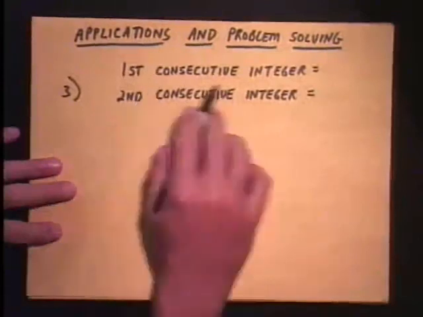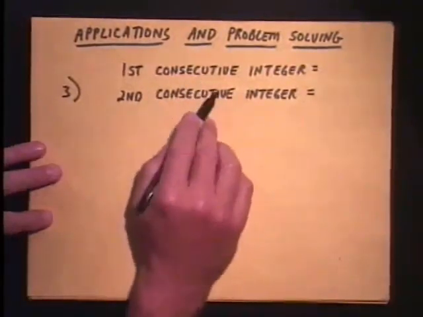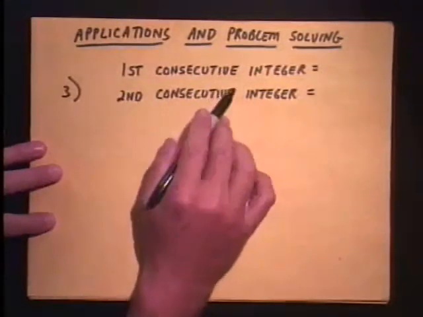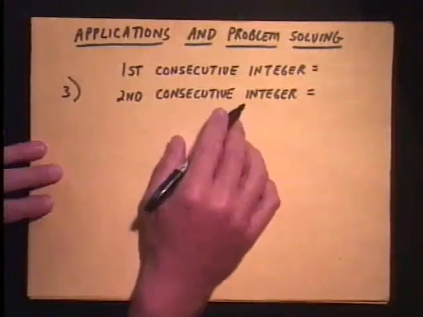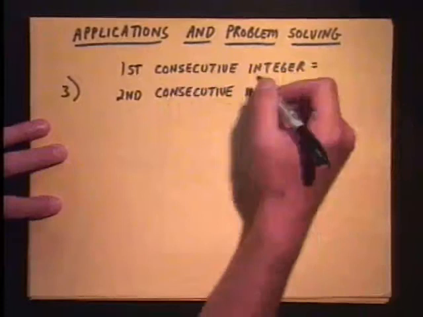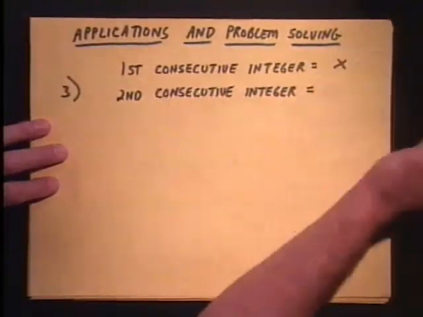Well, 2 consecutive integers. Now remember, that word consecutive means back to back. We did some problems earlier in the course with consecutive even and odd integers where they were 2 apart, but these just say consecutive. So for the first consecutive integer, since we don't know it, we'll call it x.